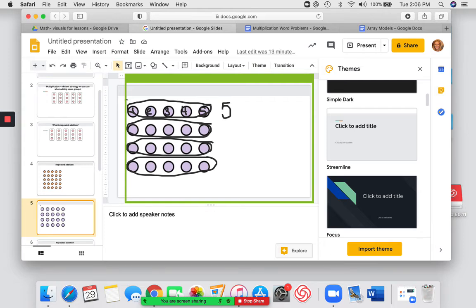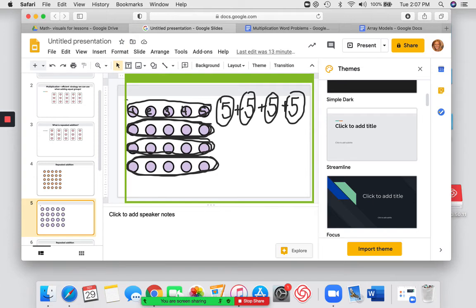And there's 5 in my second group. Notice I've only got to my second group, so there are 2 5s. Now I'm adding my third group, so I should have 3 5s. And now I'm adding a fourth group, so now there's 4 5s. 5 plus 5 plus 5 plus 5 means 4 groups of 5.